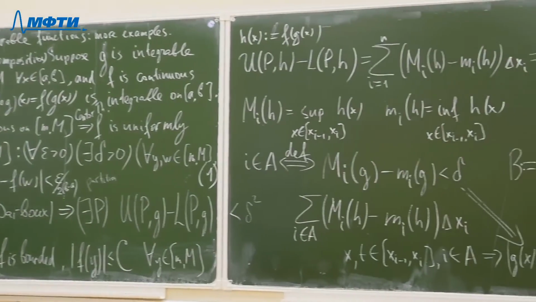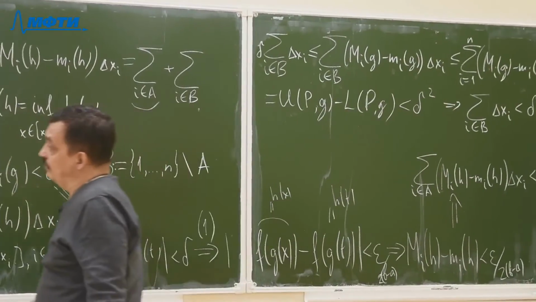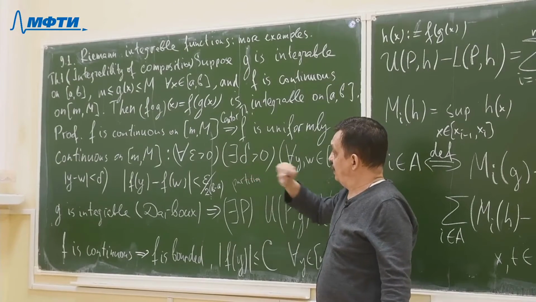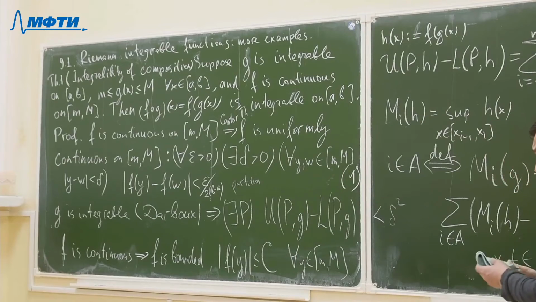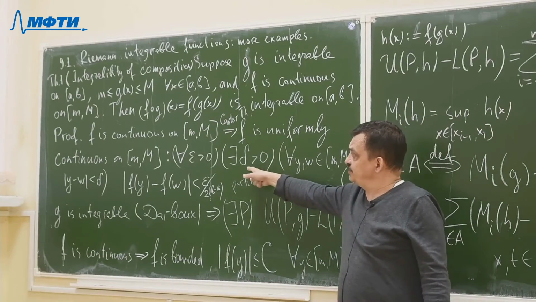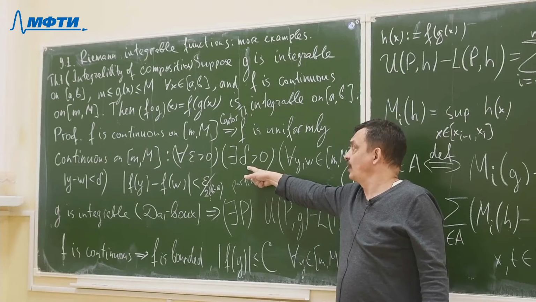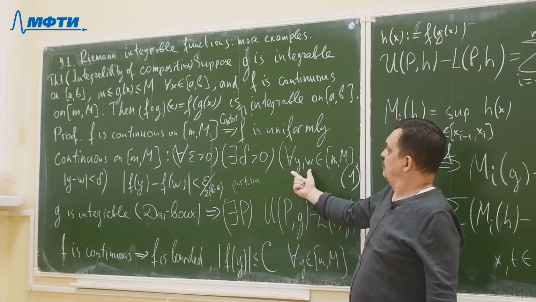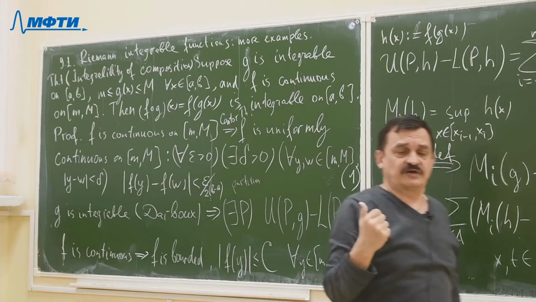Now, look. When I choose delta here, the only condition was that for all y, w which differ by less than delta, something should be satisfied, right?